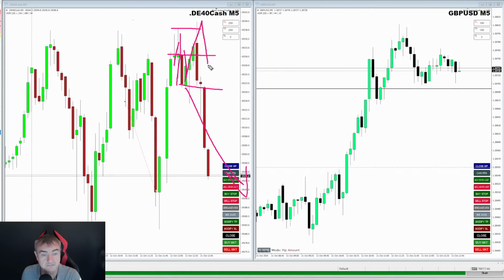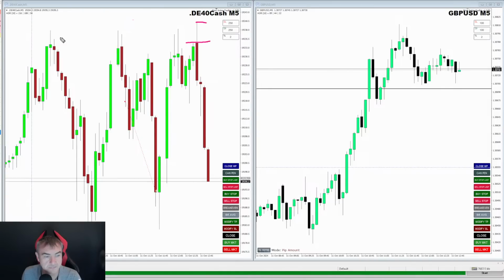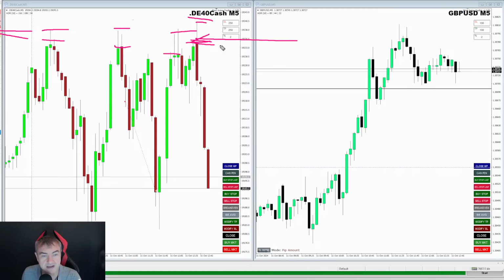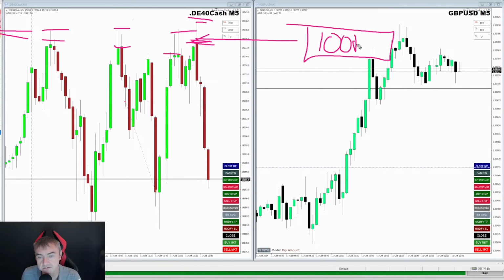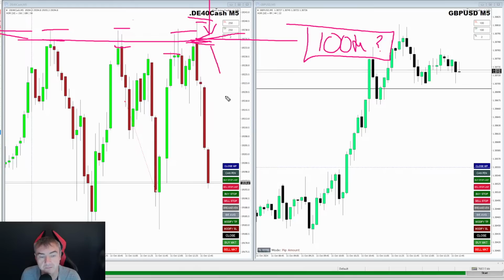Took a bit of heat, but why did it work here? Because it worked here, here, the previous time we saw it, here, and here. What is that? An iceberg order. That is a bank or an institution sitting on 100 million or whatever amount of money at a price point going, give us all you got. I've got way more than you. You ain't getting through.